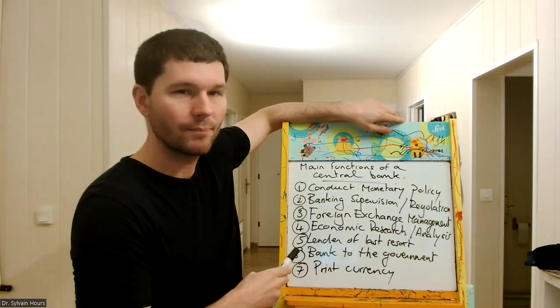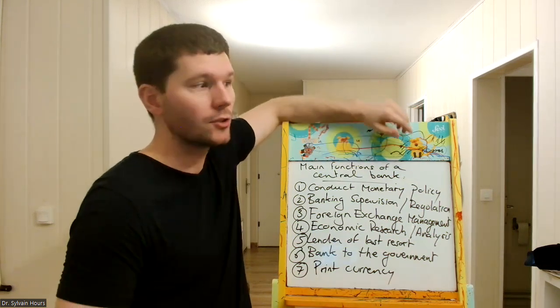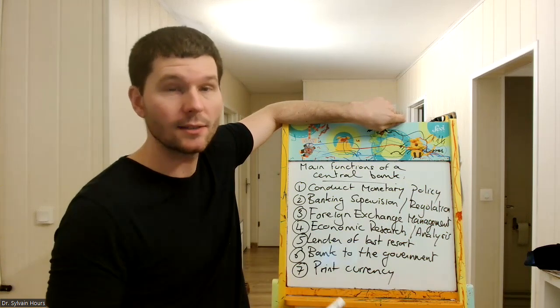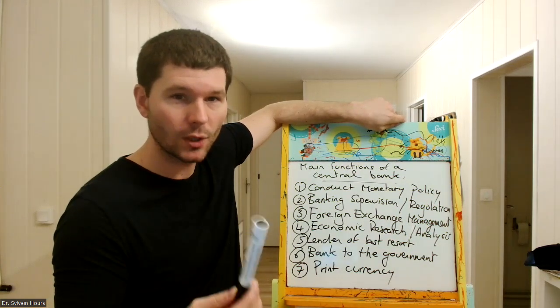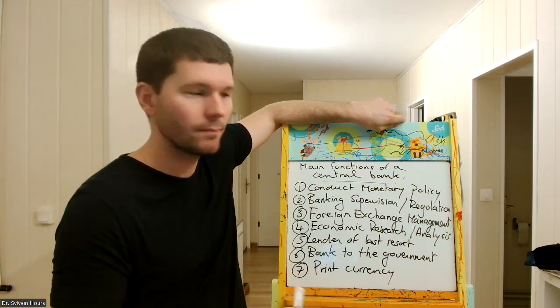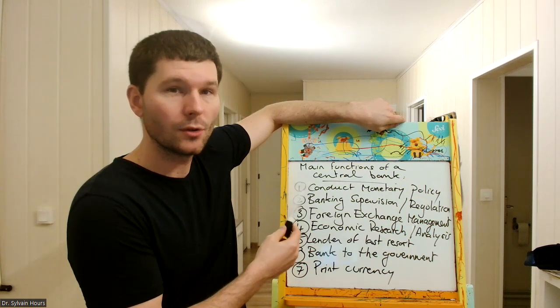Of course, it's going to use the different instruments, the open market operations. It's going to use the discount rate. In Switzerland, it is called the policy rate, but it's the same as the discount rate, taux directeur in French. It can also use the minimum reserve ratio.